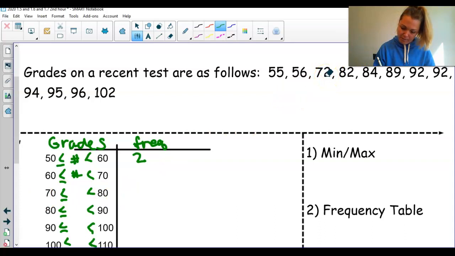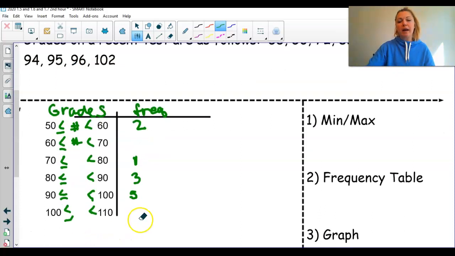There's only one of them. Next, we have from 80 to 90. So 1, 2, 3 in the 80s. How many in the 90s? 1, 2, 3, 4, 5 in the 90s. And then how many in the hundreds? 1.